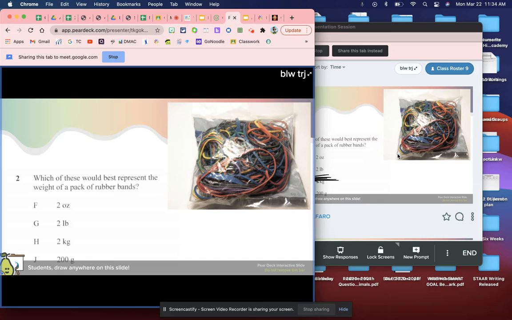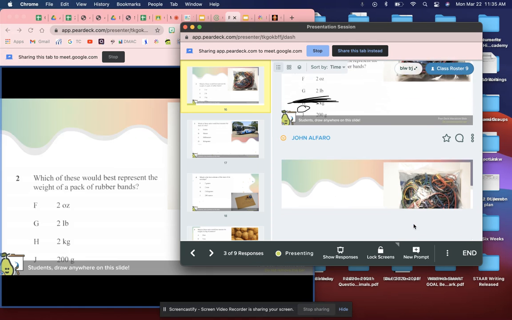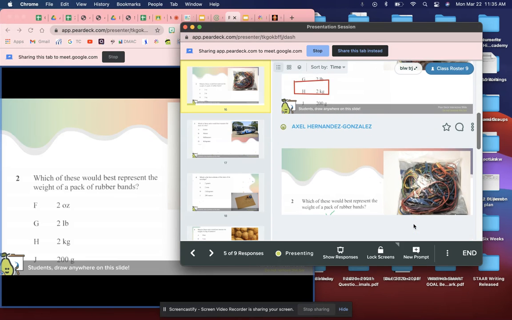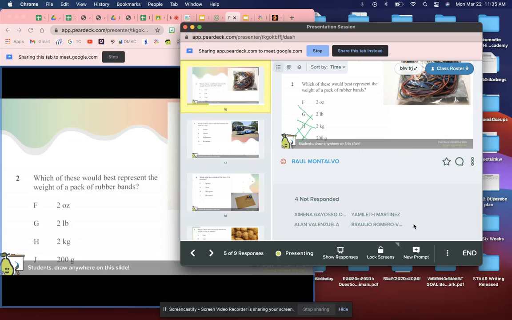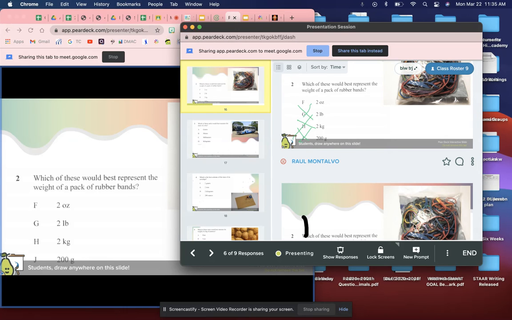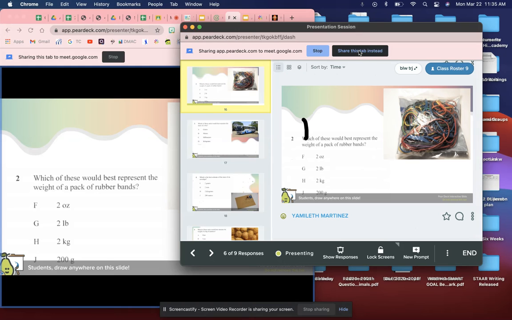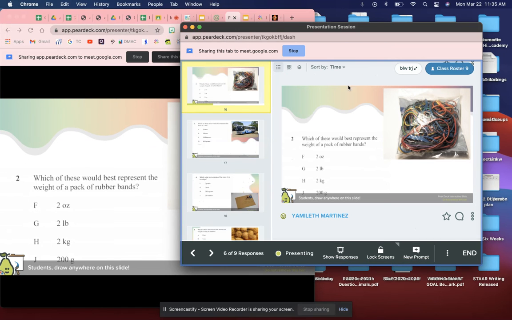Or 200 grams? This one's tricky. You have to think about it. Ready.